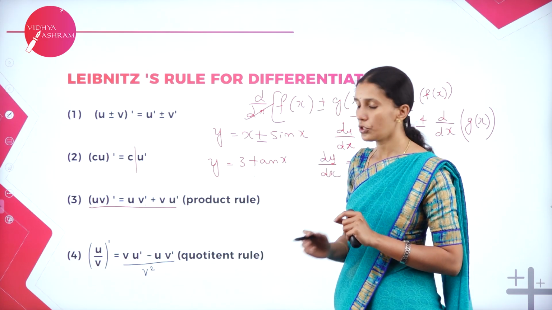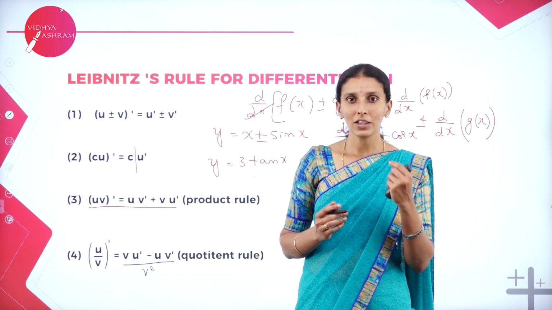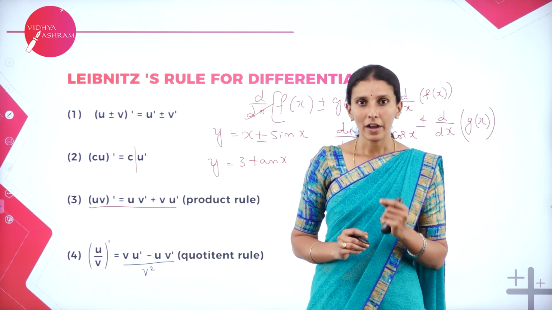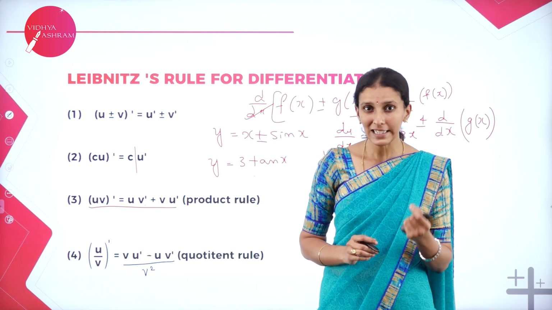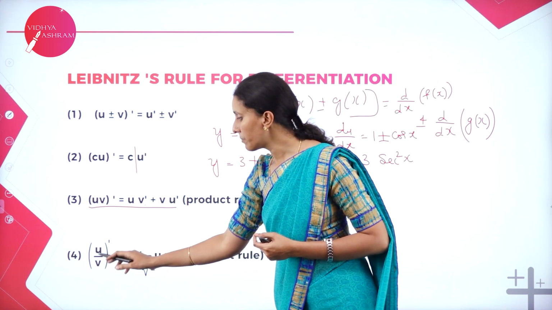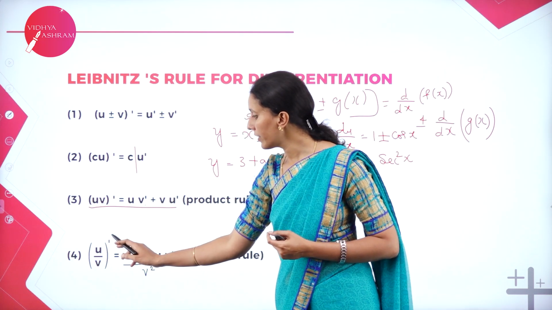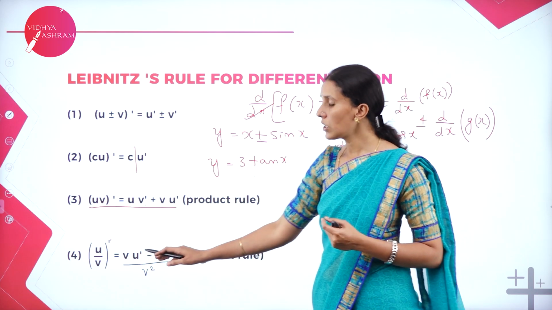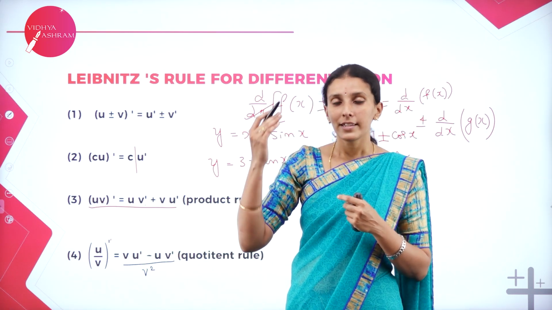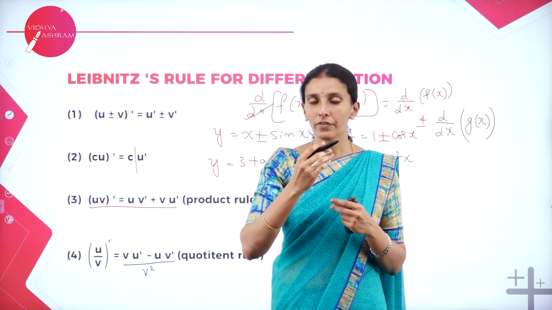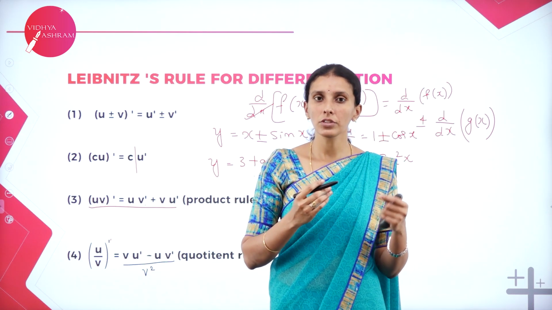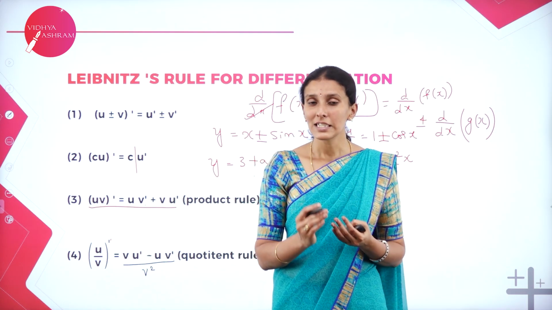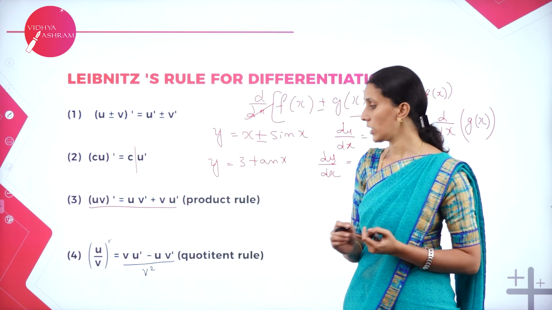Next is the quotient rule. Quotient rule means the function in the form of f of x by g of x, so replace it by u by v. Then d by dx is replaced by the dash here. What does the rule say? Quotient rule says: second function into derivative of first function minus first function into derivative of the second function, over the square of the second function, that is the denominator square.